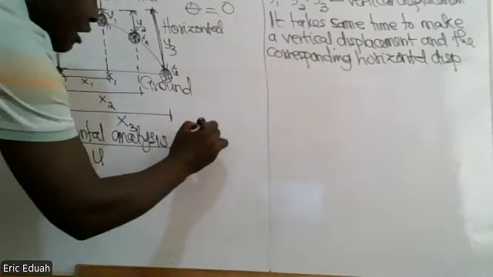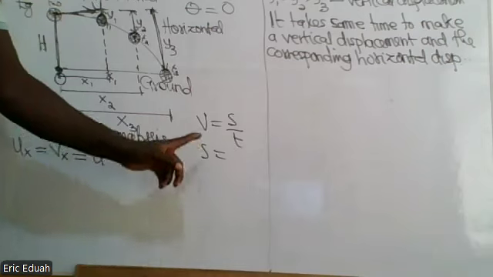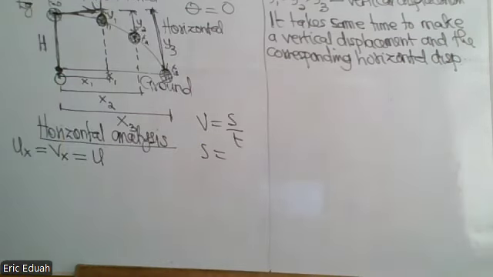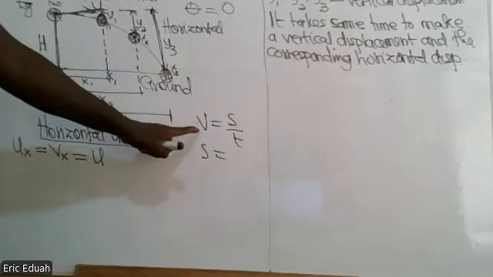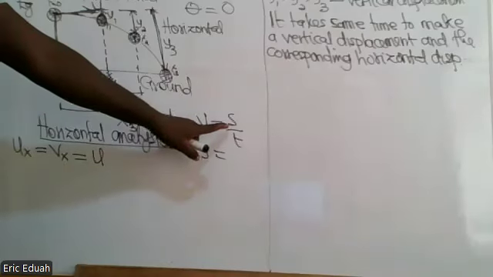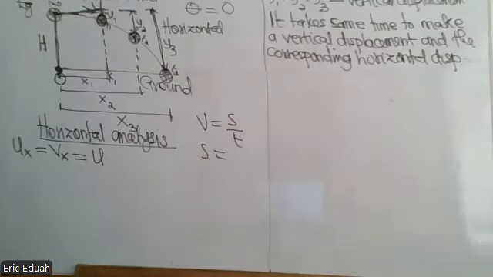Please help me make distance the subject from this equation. Speed or velocity is equal to distance traveled over time taken.